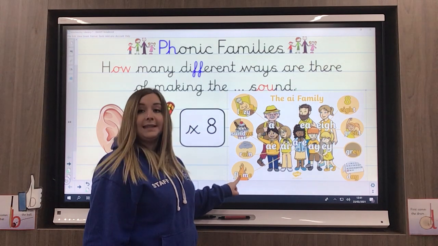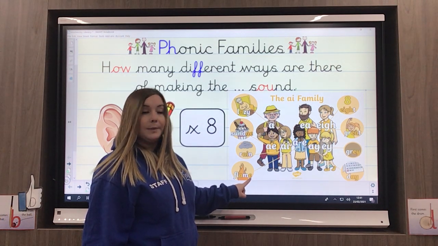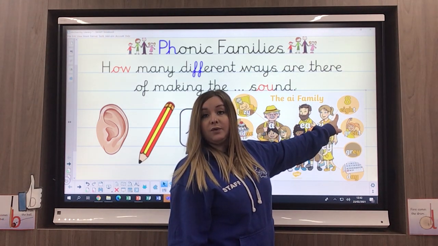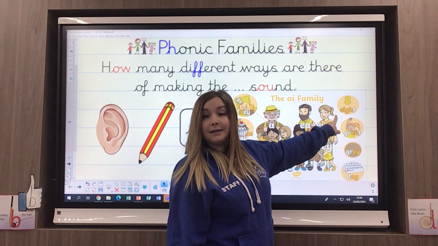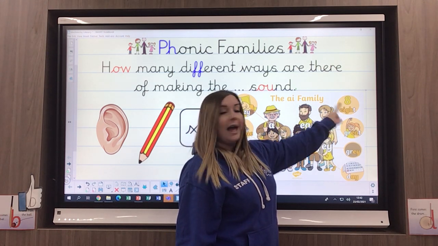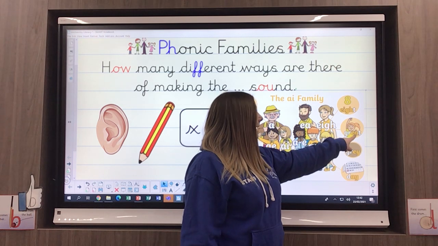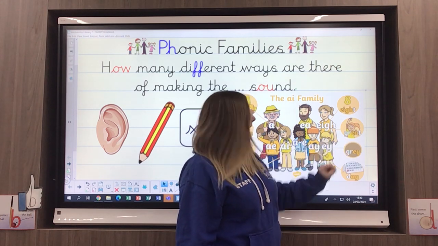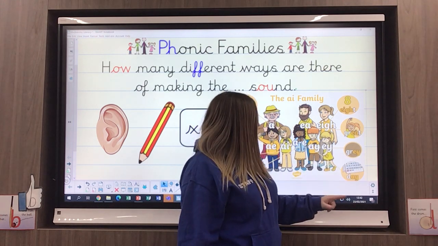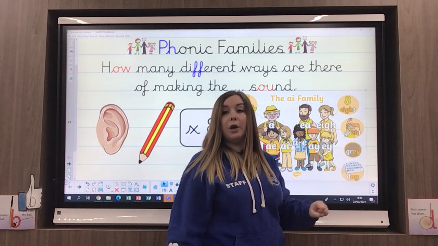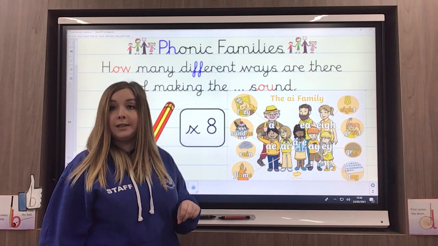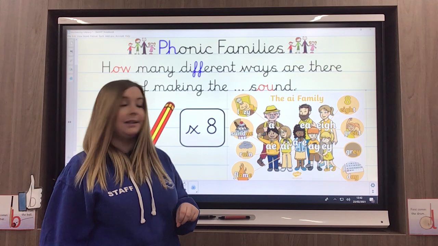We've got our split digraph A, and a very tricky one over here that we use for the number 8. So E, I, G, H for A, E, A for A, E, Y for A, and A, Y for A. So let's have a go at reading these words all together using our A sound.